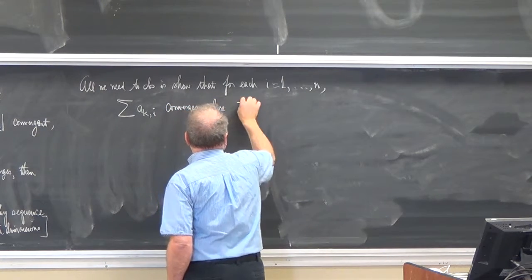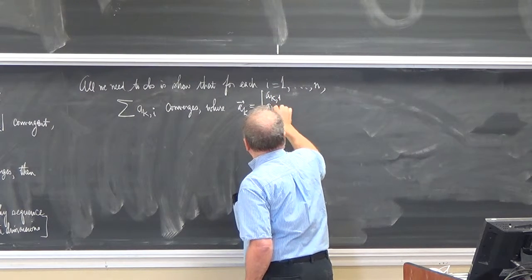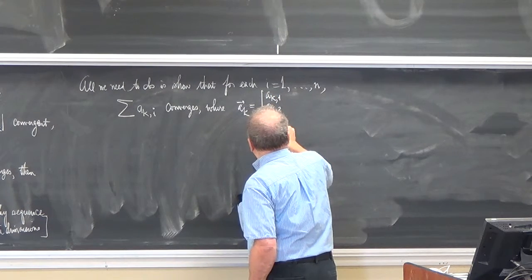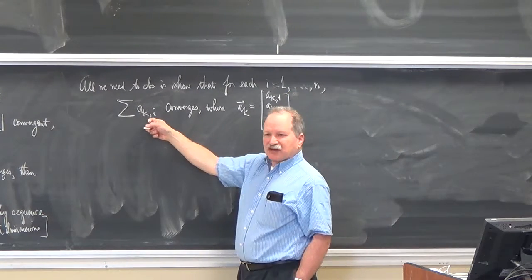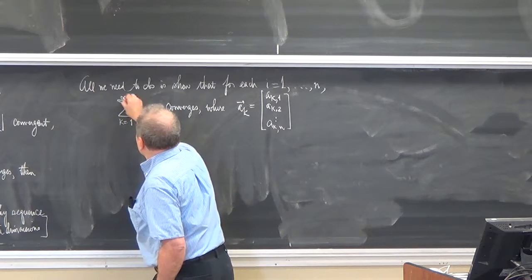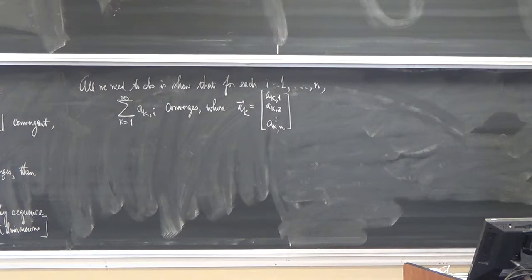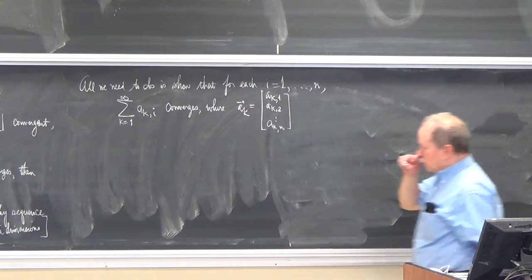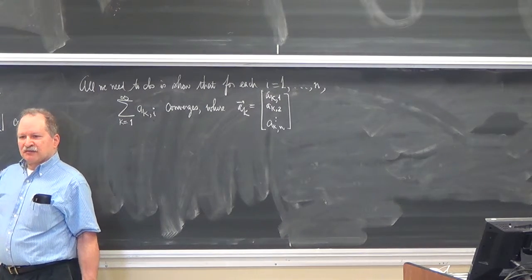So AK as a vector, I'm writing as AK,1, AK,2, up to AK,n. So take the ith component of the vector AK and show that the sum of the ith components converges for every i. And then we'll know that the series converges as a vector. Fair enough?